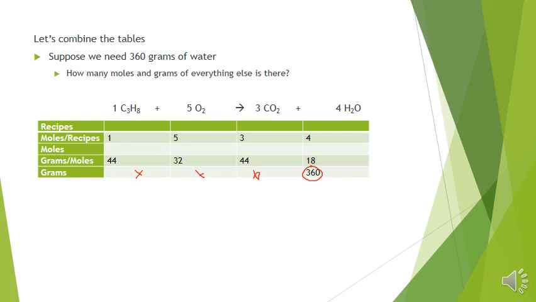Each mole of water is 18 grams, so you can divide this 360 up into groups of 18, and you'll end up with 20 moles of water. Each recipe is 4, so you can divide the 20 up into groups of 4, so you can do the recipe 5 times. So we'll bring the 5 all the way across.